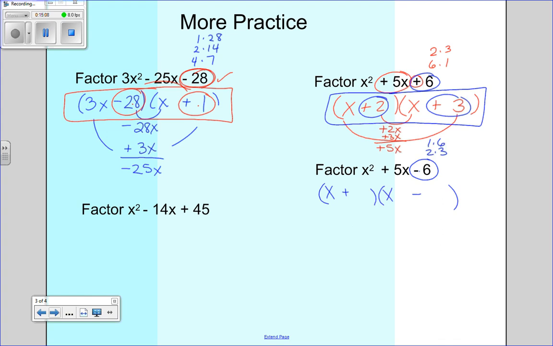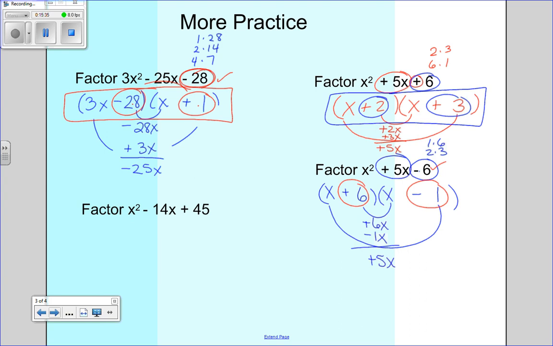So I believe we're going to have a plus 6 here and a minus 1 there, because my inside would be a plus 6x. Last times last would be, or no, my outside would be minus 1x. When you add that together, you get a plus 5x, which is what we needed. But then also, you check your last times last. Plus 6 times minus 1 is indeed a minus 6.